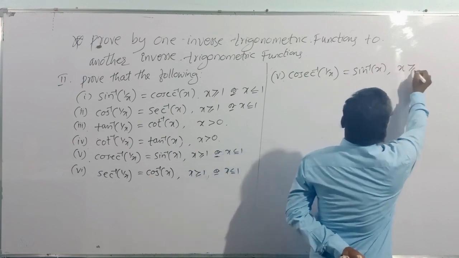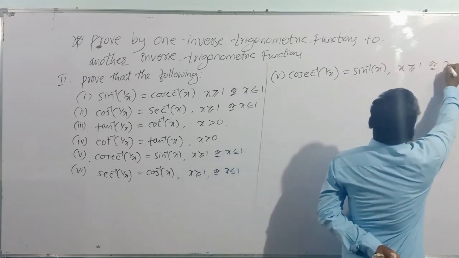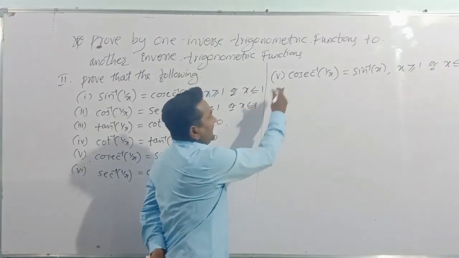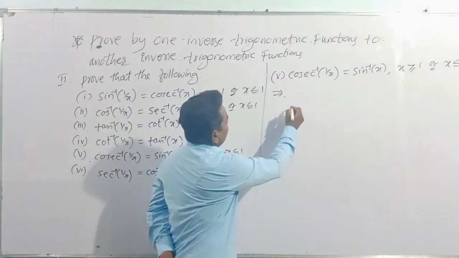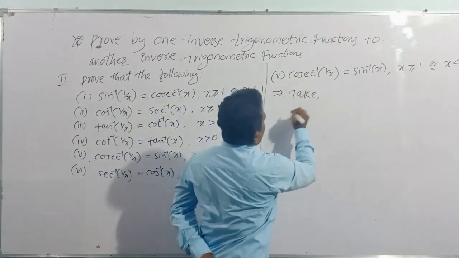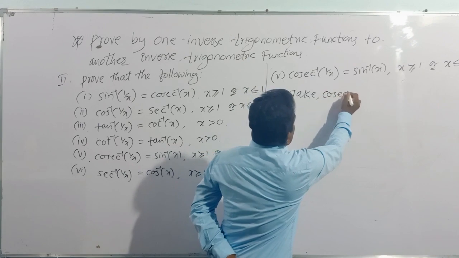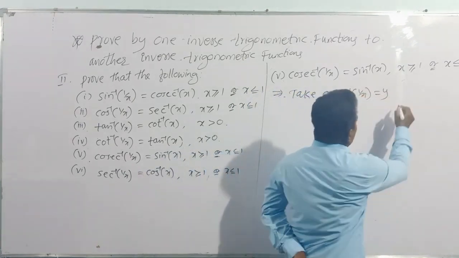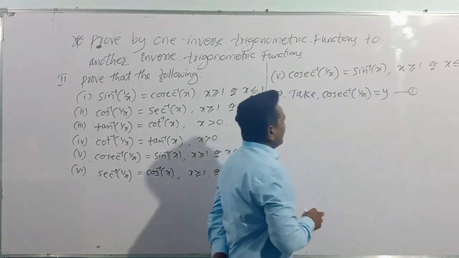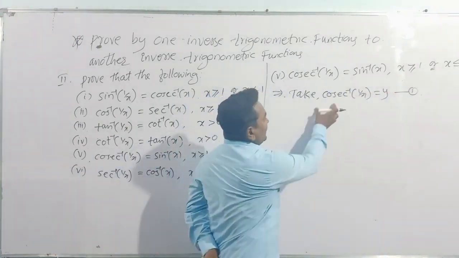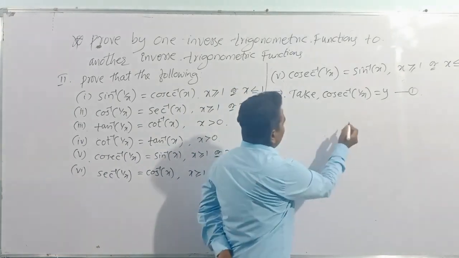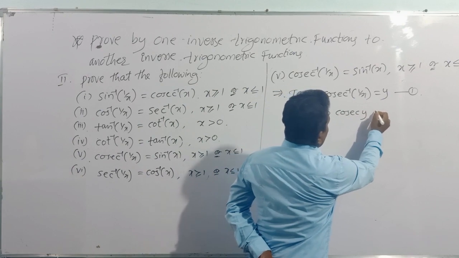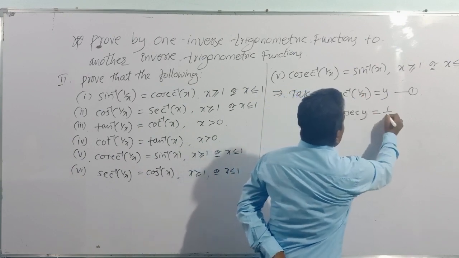Here x greater than or equal to 1 or x less than or equal to minus 1. Now this implies let cosec inverse 1 by x is equal to y. Called equation number 1. Now this cosec inverse function move right hand side, it becomes cosec y is equal to 1 by x.